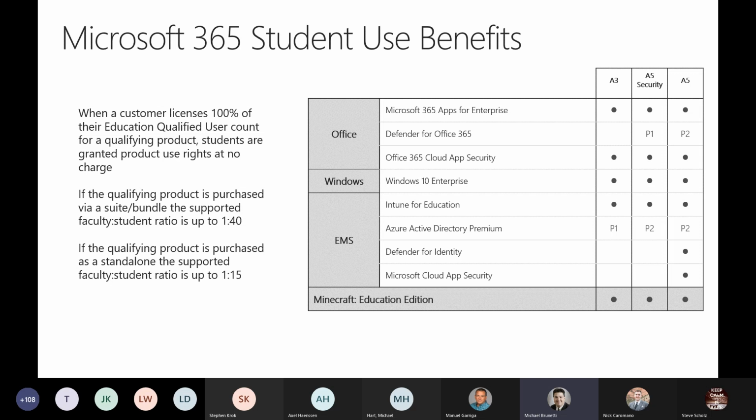So you'll see a lot of the features aligning most closely with identity and security. It's not every feature, but like I said, it's the majority of it. So this chart shows you which features of the A3, A5 security, and A5 licenses have student use benefits associated with them as part of the license as well.